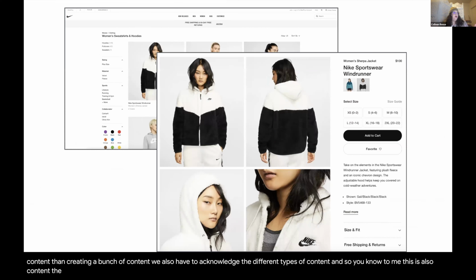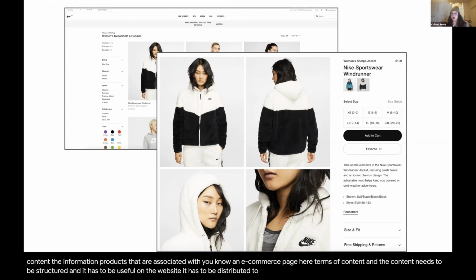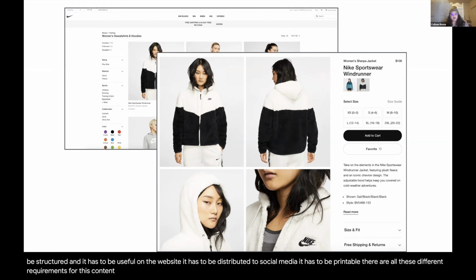The information products that are associated with an e-commerce page here, these are different forms of content, and the content needs to be structured, and it has to be useful on the website. It has to be distributed to social media. It has to be printable. There are all these different requirements for this content.